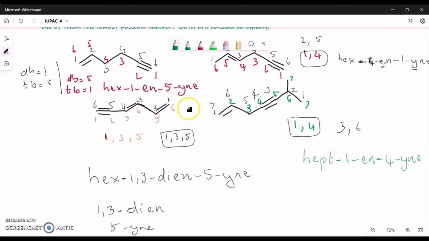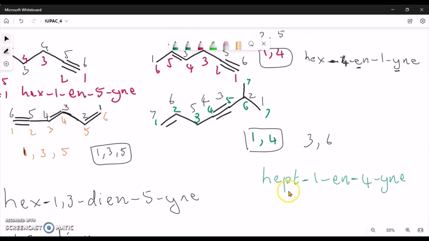We have to take the longest chain which contains all the double and triple bonds, and then number in such a way that the smallest possible numbers are taken. It doesn't matter whether the double or triple bond is getting the smaller number. That's not an issue here. It's just that altogether we should have the smallest possible numbers. And then when we write, we have to write en before yne alphabetically, but the numbers will be as we got the lowest possible numbers.